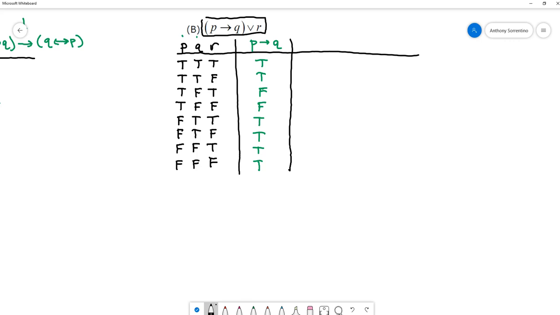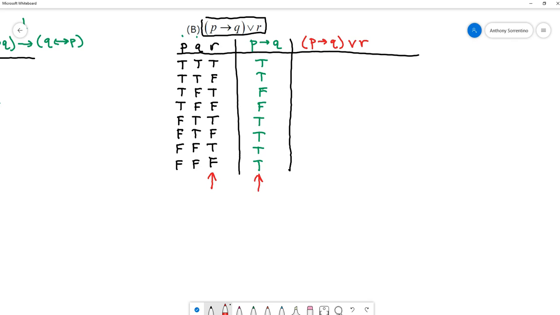So when I get to that statement, if P then Q or R, we're looking at this column and this column. For the statement to be true, that's in red, either the column in green has to be true, the column for R has to be true, or both have to be true.